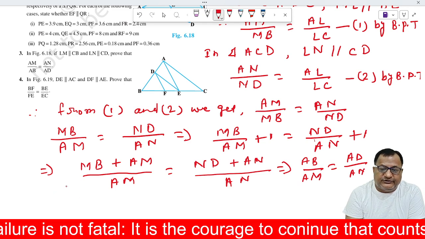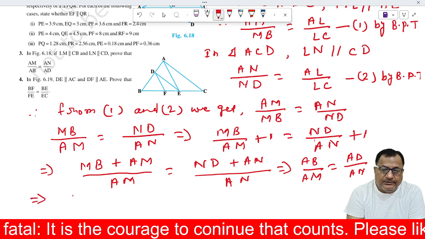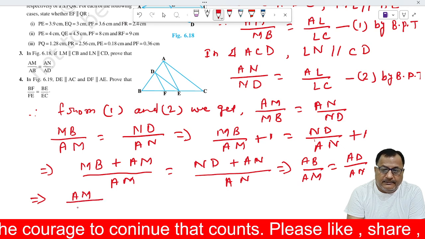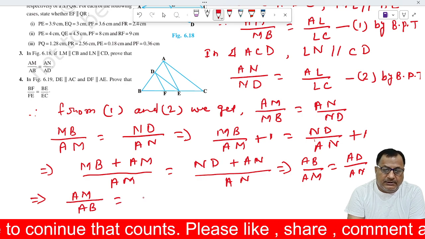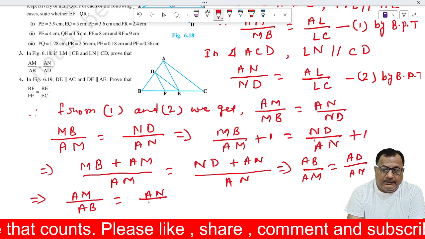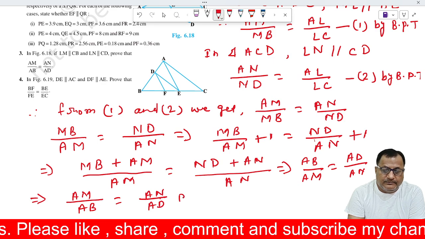Now reverse again on both sides. So we will get AM by AB is equal to AN by AD. Right.